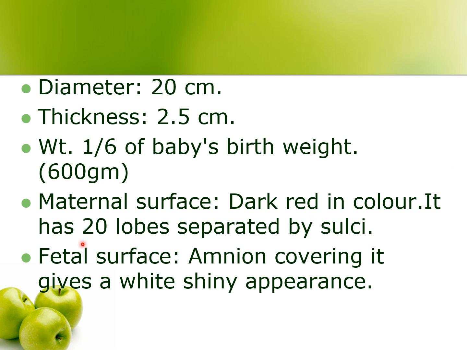It has a maternal surface and a fetal surface. The maternal surface, which faces the endometrium of the uterus, is dark red in color, and it has 20 lobes, each primary villi and its associated structure forming a lobe. Each lobe is separated by sulci.